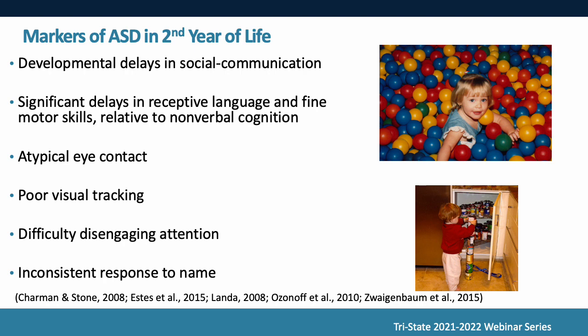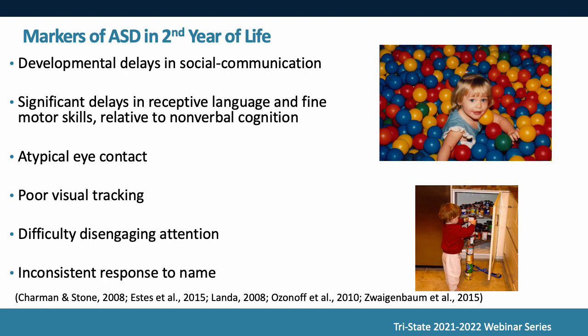There can be a difficulty at the age of 2 of actually disengaging or shifting attention away from something that is distressing. This speaks to the relative immaturity that we may have in the frontal lobes of the brain for a person with autism. That's the part of the brain that helps you regulate and coordinate attention. And if it's not clearly connected to the rest of the brain, you may see a child who has a hard time shifting from one activity to another, later on from one topic or idea to another.